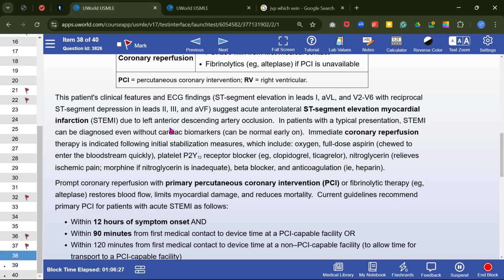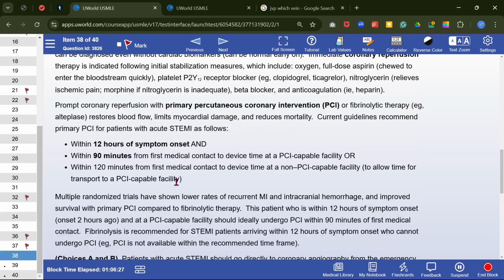Current guidelines recommend primary PCI for patients with acute ST-elevated MI within 12 hours of symptom onset and within 90 minutes from first medical contact to device time at a PCI capable facility, or within 120 minutes from first medical contact to device time at a non-PCI capable facility, to allow time for transport to a PCI capable facility.